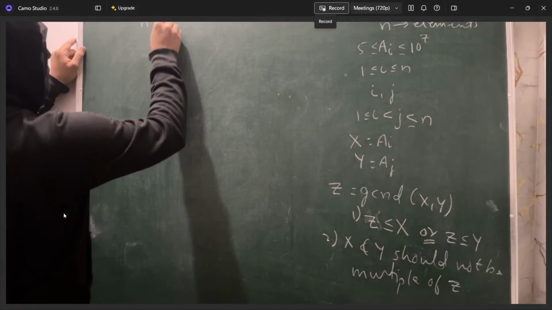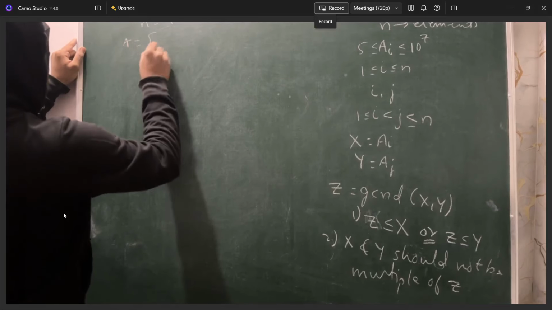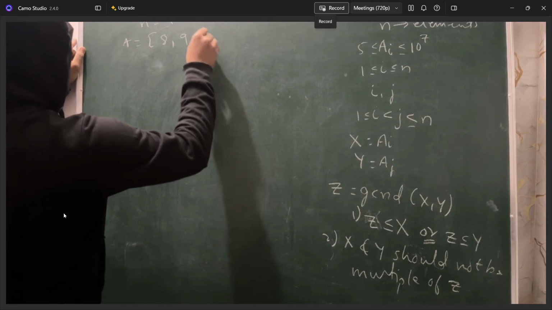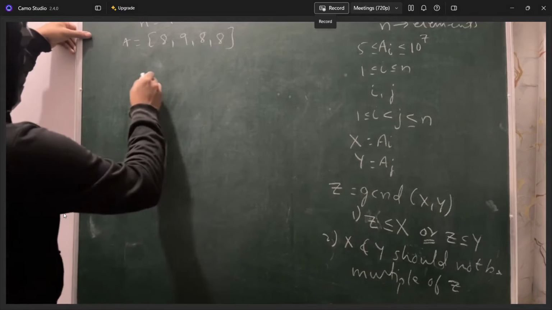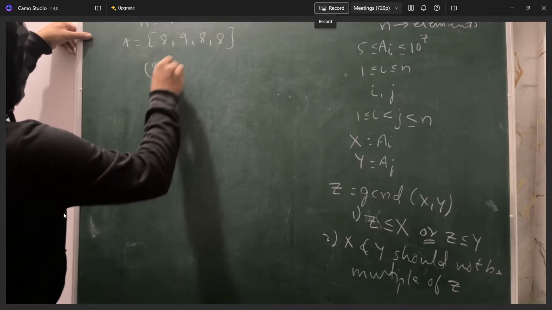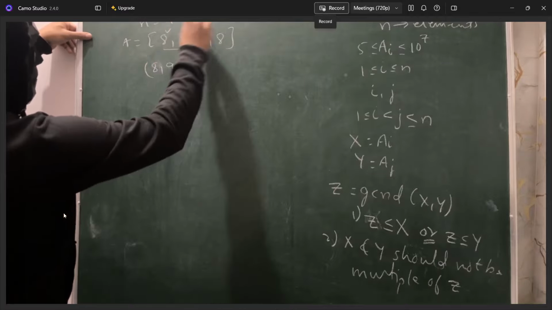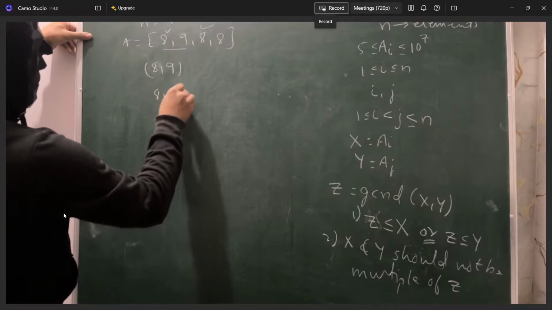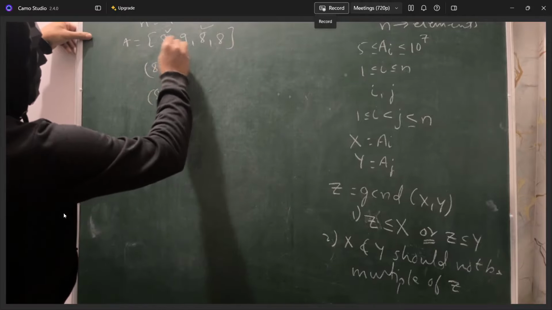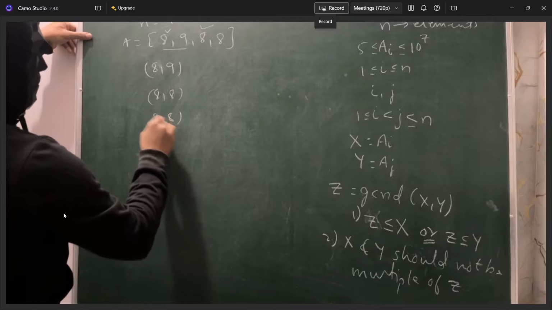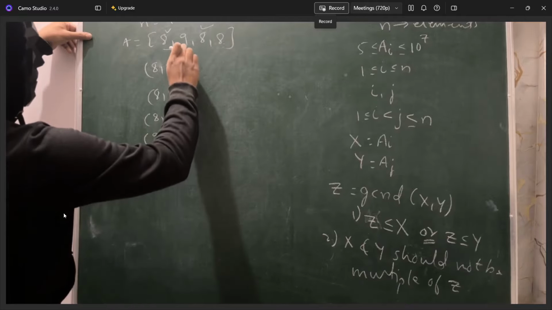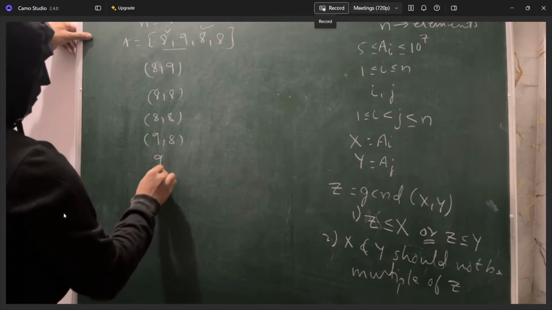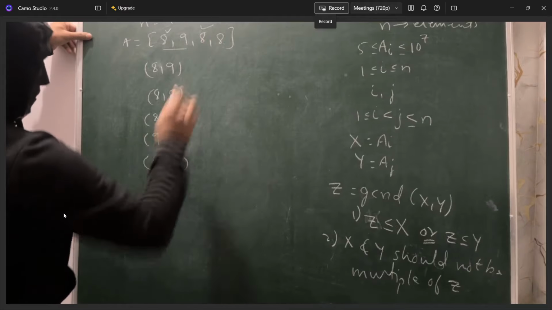Here n is 4 and your elements are 8, 9, 8, 8. So now if you want to find the pairs, how many pairs can you find? First two, this and this, it will be 8, 8, and this and this, it will be 8, 8 again. This and this, it will be 9, 8. And the last one.